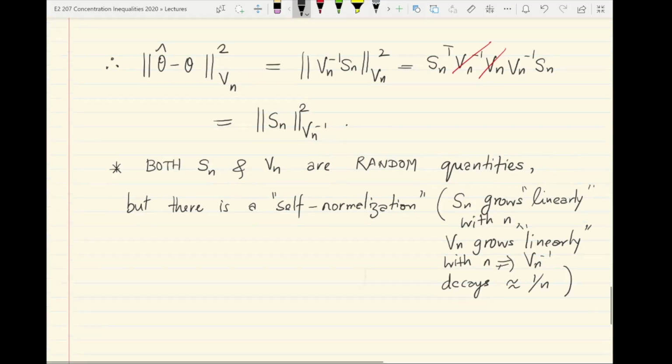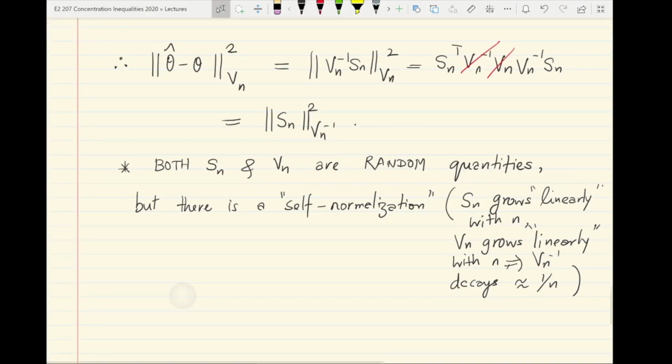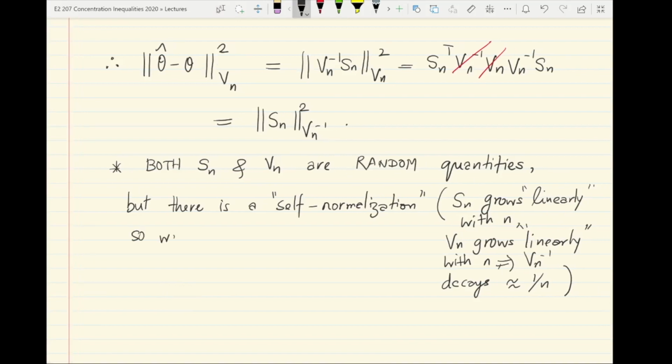Okay, there's a self normalization, so we can very roughly expect Sn Vn inverse to be of constant size.